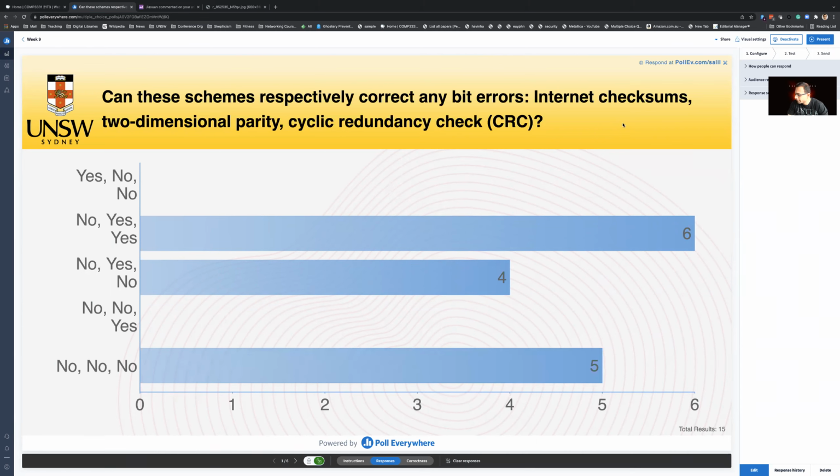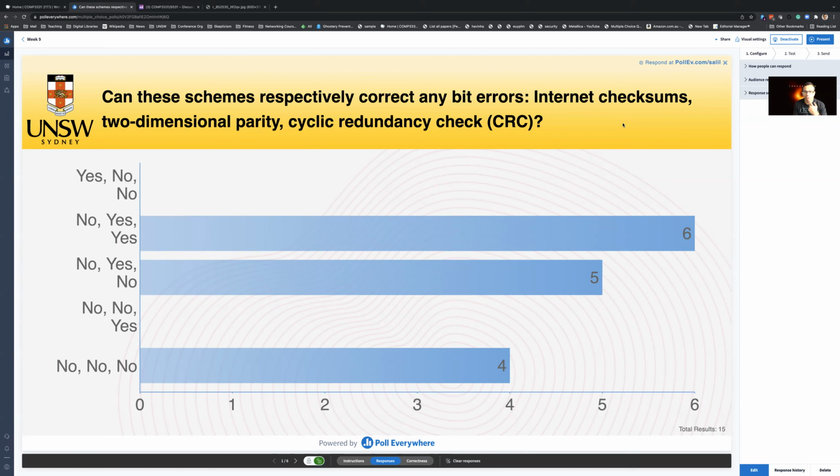It can detect errors, but it can't tell you precisely which bit was in error, right? You may want to go back at some of those examples and see for yourself. You can tell there was an error, but not which particular bit, because in order to correct bit errors, you need to identify precisely which bits were in error, right? So a checksum cannot do that.